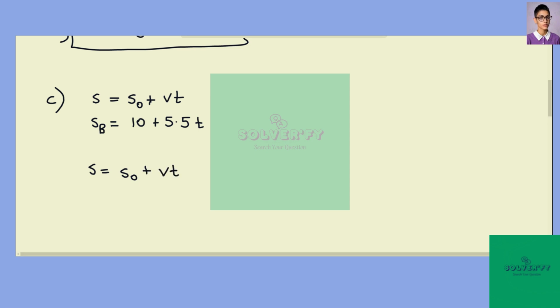Now the equation for the position of an object that is undergoing constant acceleration is s equals s naught plus v naught t plus 1/2 at squared.